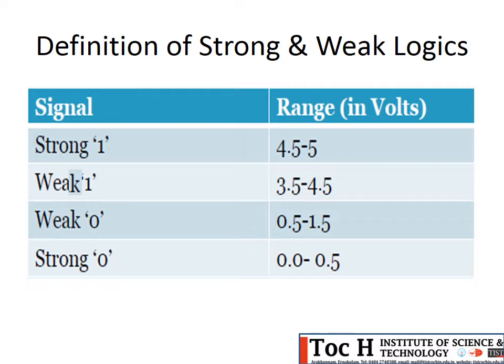Okay, so any voltage which is coming in between 3.5 to 5 will be considered as 1, with a special category for strong one and weak one. Now you can see here, what is strong 0? Strong 0 is actually the voltage range between 0 and 0.5 volt, and weak 0 is the voltage that is just above the 0.5 volt range, that is 0.5 to 1.5 volt. So with this knowledge we can move on to the next slide.